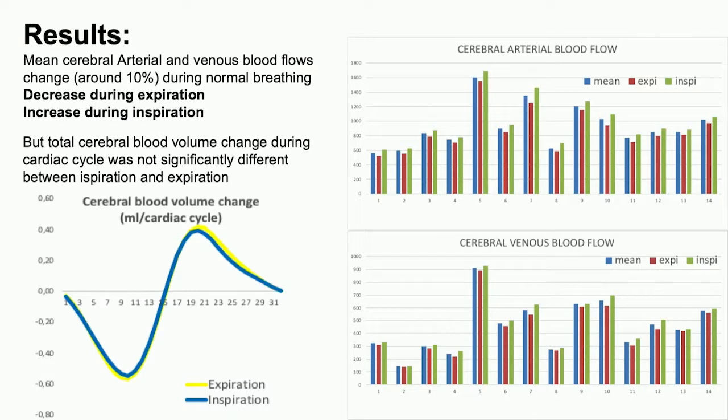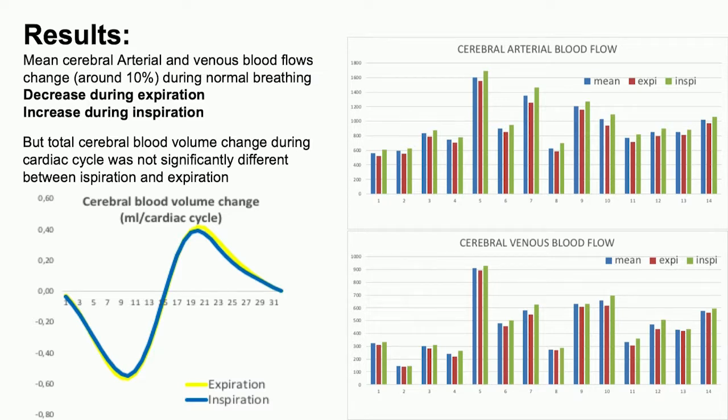We also combined, during one cardiac cycle, the arterial inflow with the venous outflow to see if there is a change between inspiration and expiration, but with this first result, it was not significantly different.